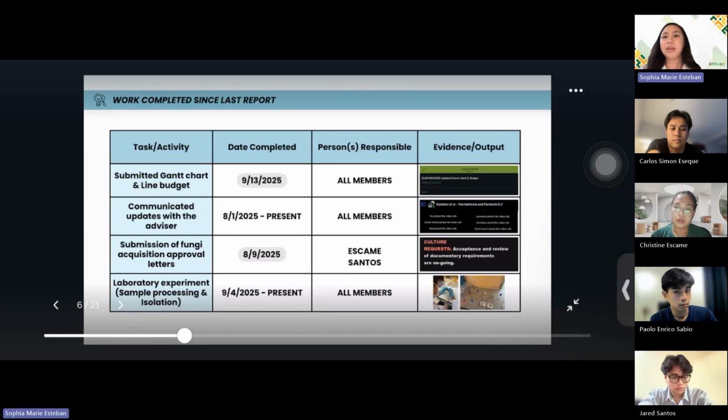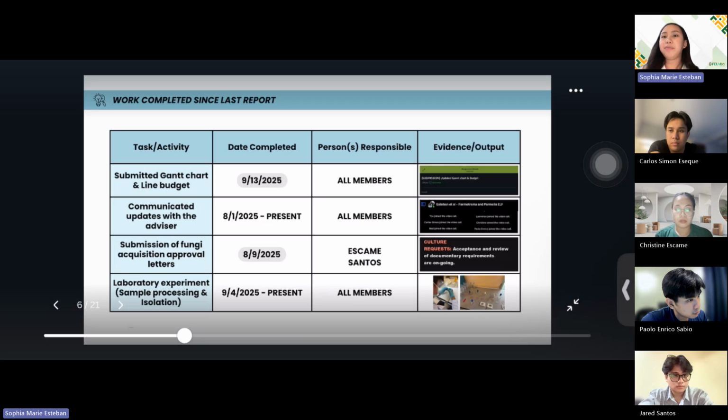Next, we submitted our updated Gantt chart and line budget on September 13, 2025, and we have maintained constant communication with our advisor starting from August 1 until now.